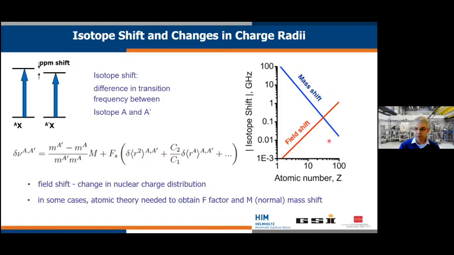In principle, life gets a little easier if we go to heavy elements, because this becomes the dominant contribution. If you study very light elements, for example lithium, as in nice studies several years ago, then you really have to measure very precisely, because this mass shift is very large. But this is something we can in principle get under control.